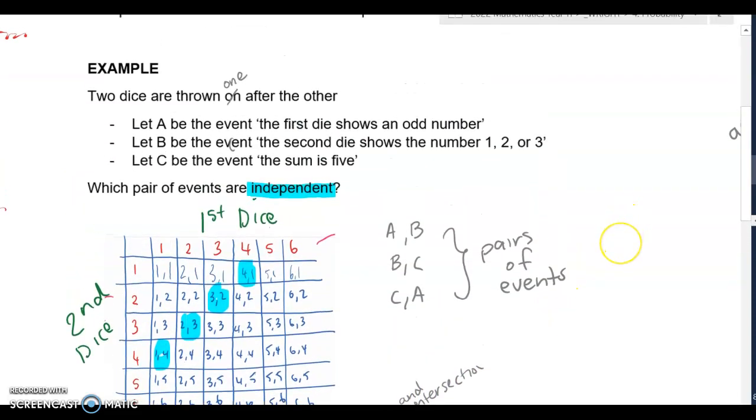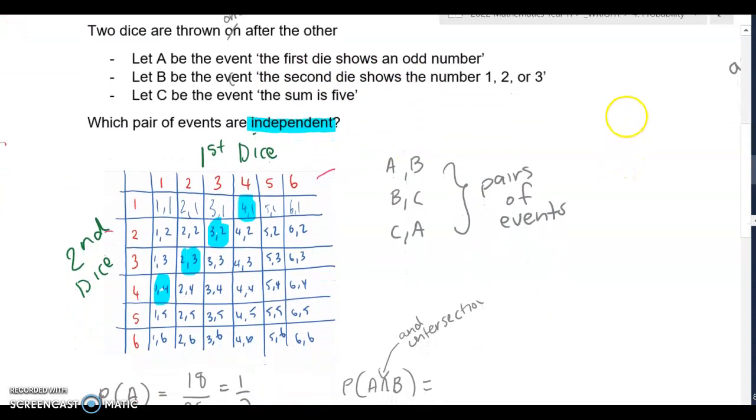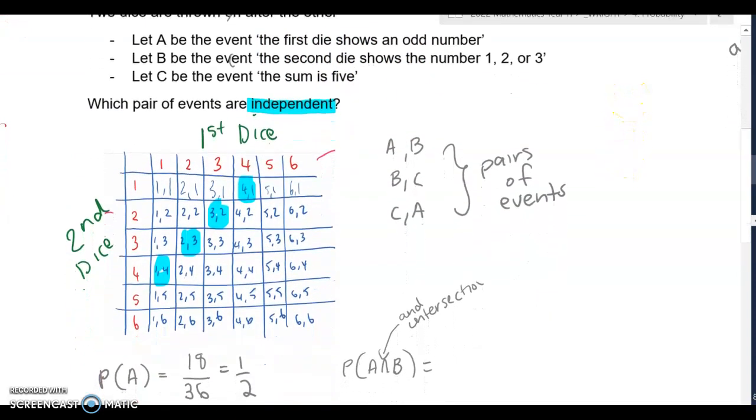So A and B would be that the first number shows an odd number and the second number is 1, 2, or 3. If we have a look through there, that the first number is an odd number is going to be in our columns 1, 3, and 5. And that the second number is a 1, 2, or 3 would cross over there with our 1 across here, 2 across here, and 3 across here.